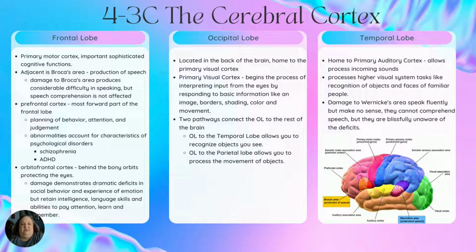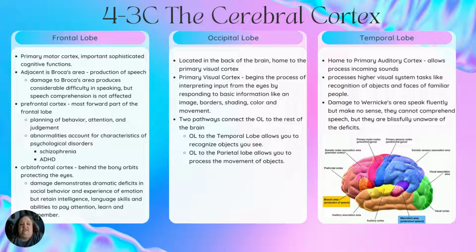Just so that you know, the frontal lobe of the cerebral cortex is primarily where your motor cortex is. It deals with sophisticated cognitive functions. It's adjacent to Broca's area, which produces speech. Damage to Broca's area produces difficulty in speaking, but they can still comprehend speech.